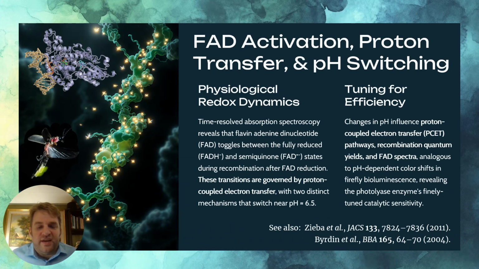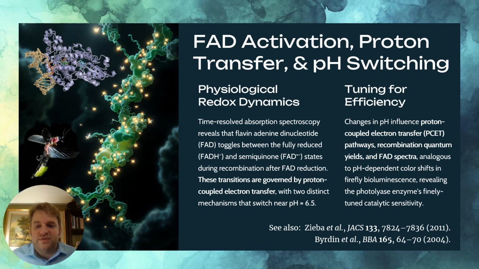Now, the activity of the enzyme can also be influenced by other aspects of the protein environment. So, for example, time-resolved absorption spectroscopy experiments have revealed that the Flavin adenine dinucleotide can toggle between its fully reduced FADH- state and its semiquinone state during the recombination after FAD reduction. These transitions are governed by proton-coupled electron transfer with two distinct mechanisms that can switch near a pH of about 6.5.